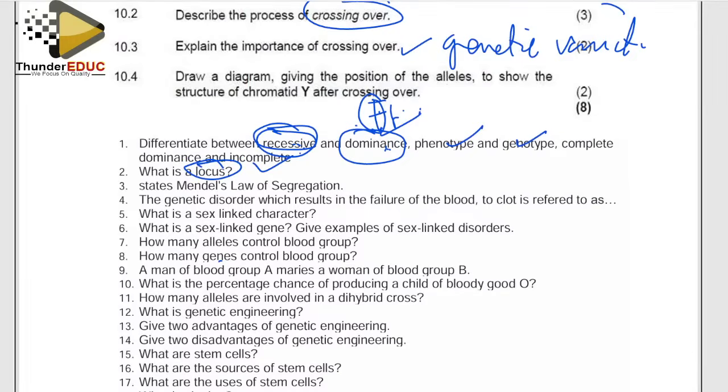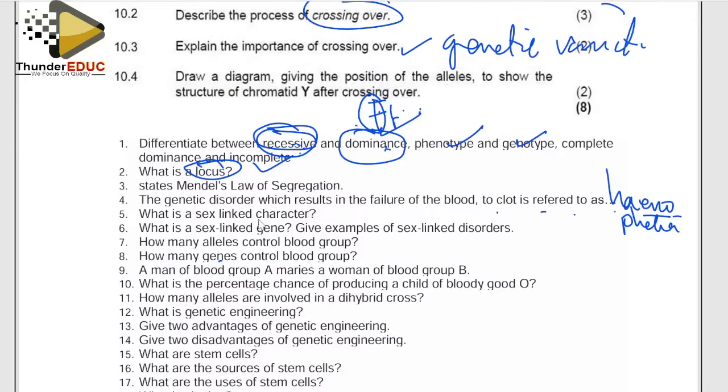You can't have two of them at the same time. No. You only gonna have one. And basically, they're gonna unite during what? During fertilization. So the genetic disorder which results in the failure of the blood to clot is referred to as hemophilia. We call this one hemophilia.